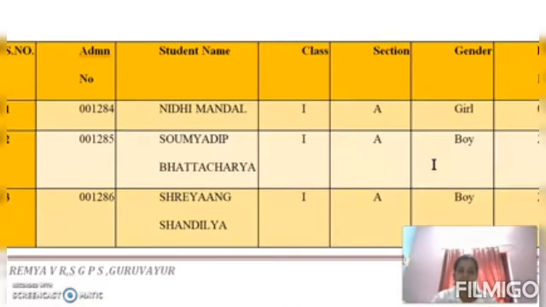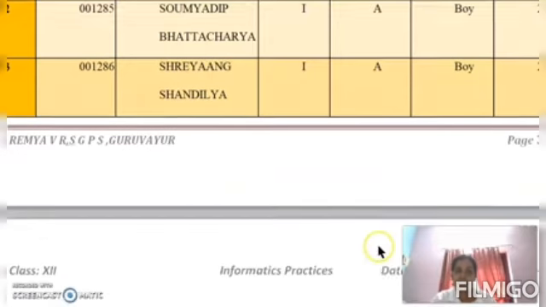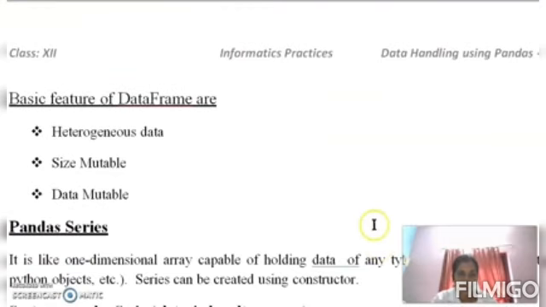Second is the data frame. A data frame contains data of different data types. Here admission number is an integer, student name is a string, class is a Roman letter, a character. So here we are using elements of different data types. So a data frame is known as heterogeneous.